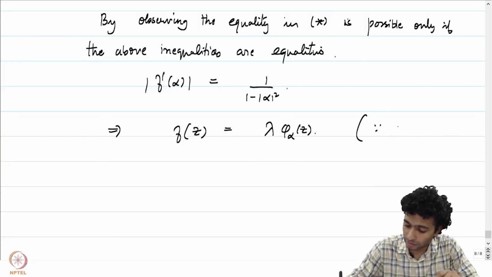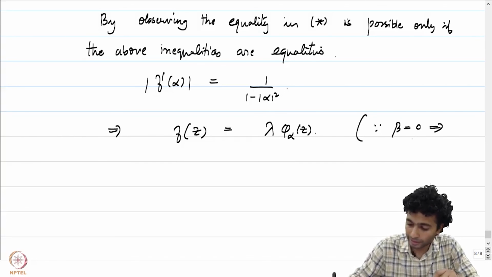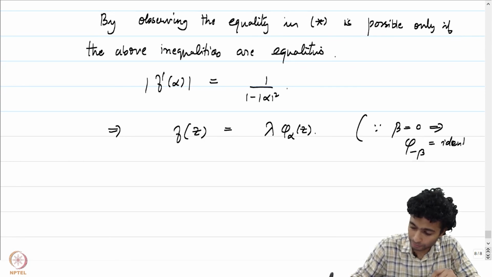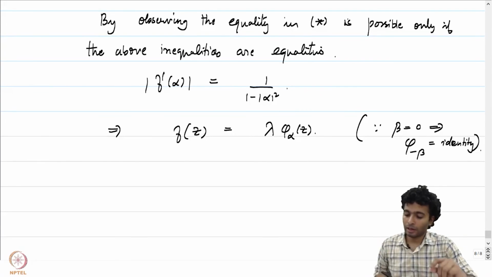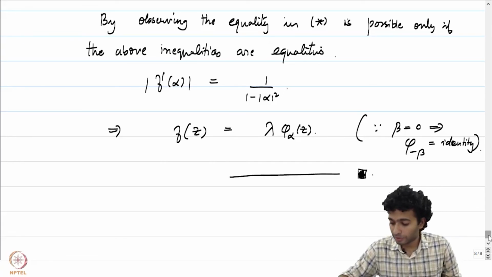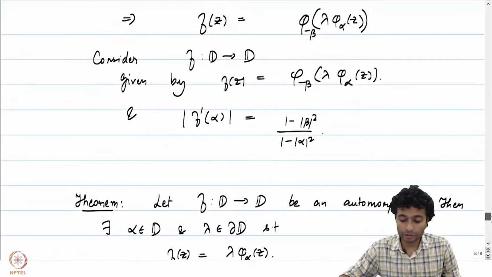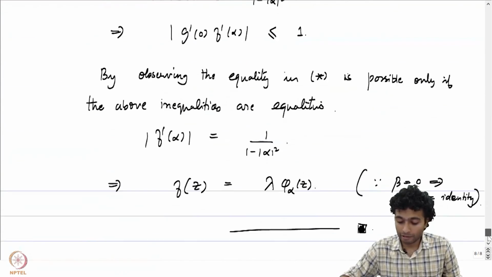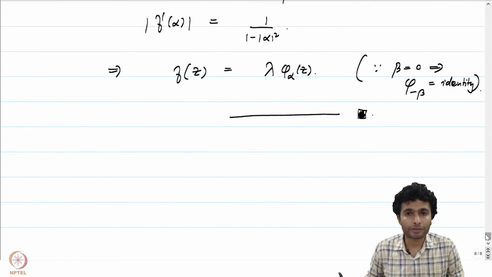So since β equal to 0 implies that φ_{-β} is the identity, that is precisely what we had set out to prove. So by using the maximum modulus principle and Schwarz's lemma, we have given a characterization of all automorphisms of the unit disk.